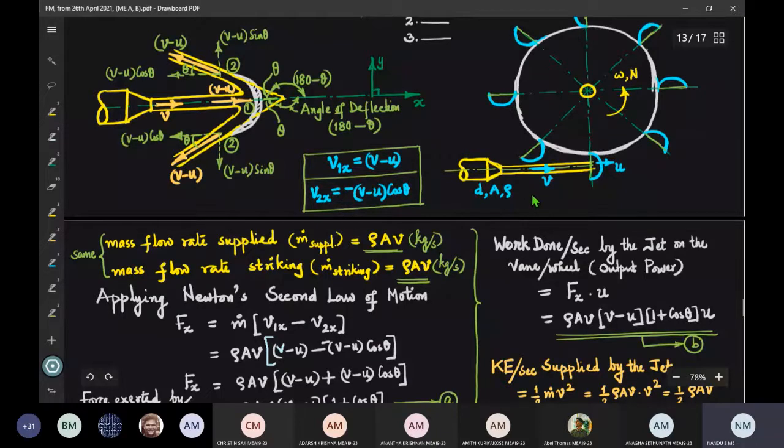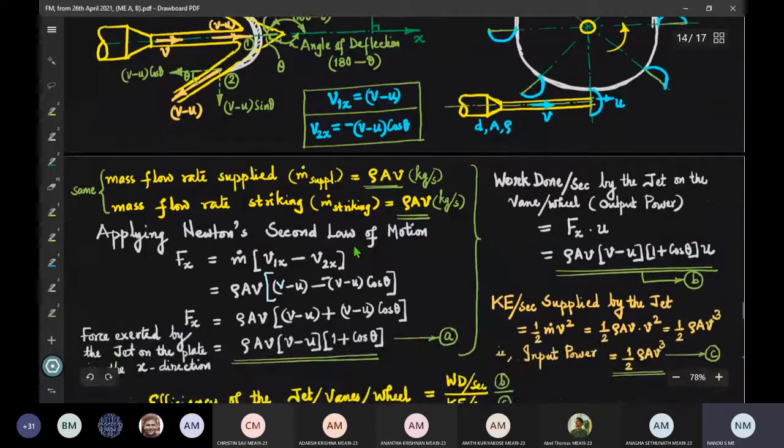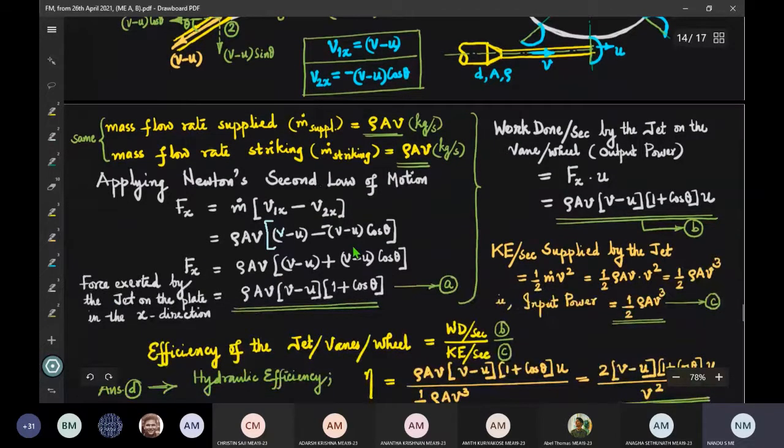So when the jet strikes, it is just like getting one vane in position to strike. Therefore, the mass flow rate is fully utilized. That is a very important thing when a series of vanes are mounted on the wheel. So this is the consequence.